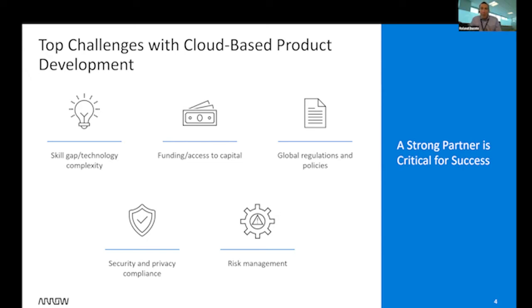Those are ongoing, and it feels like they change at a fairly rapid pace. A fifth area that the audience might relate to is risk management, along with access to capital, privacy, security policies, and skill gaps. There's a fairly significant list of challenges for cloud-based product development.